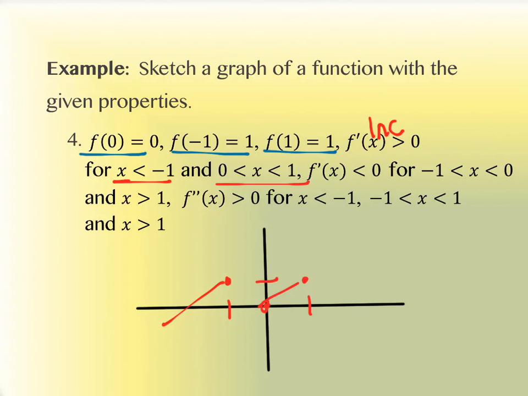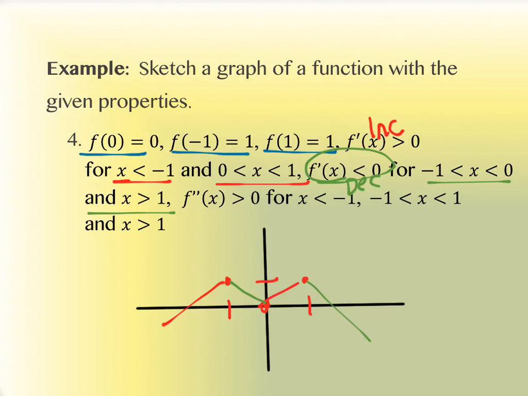The next piece says that I have a slope or a derivative that's negative, likewise meaning decreasing. It's decreasing between -1 and 0 and after positive 1. So something like this, and I get something that looks sort of like an M. The graph's not really going to look like an M. But if that's all the information I was given, it could look like that, and that'd be fine.